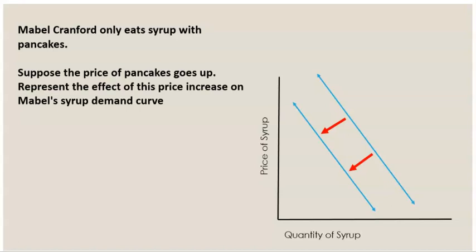So we know that if the price of pancakes goes up, the quantity demanded of pancakes decreases, as we've seen in the previous graph. This would be the same with syrup. So there would be a whole shift in the line for the quantity of syrup demanded. So the whole line would shift downward.